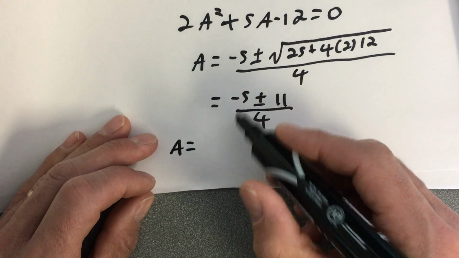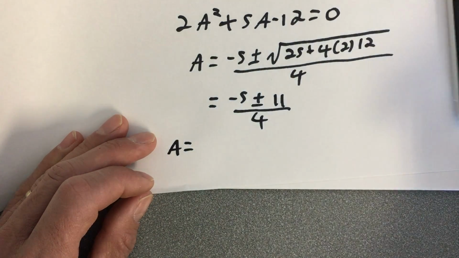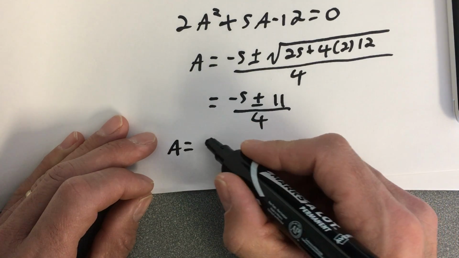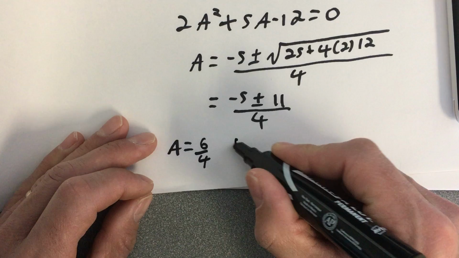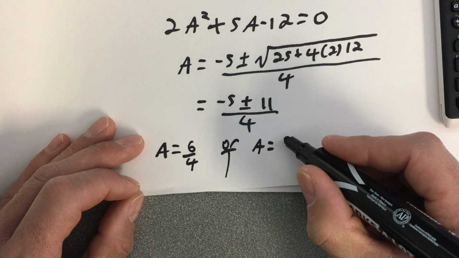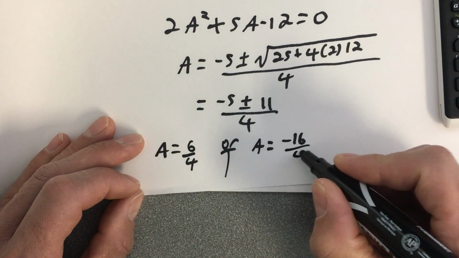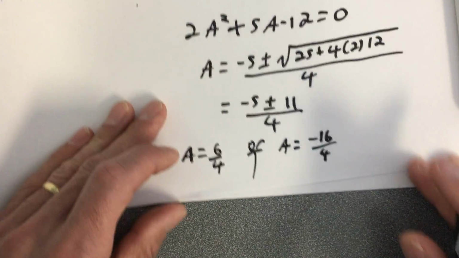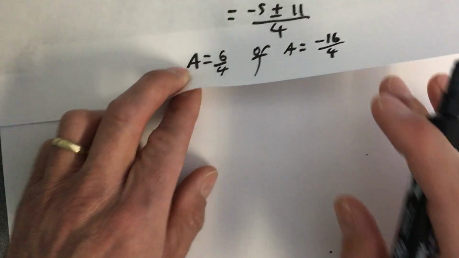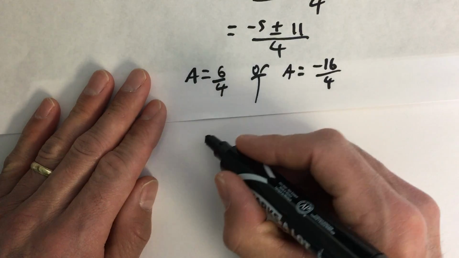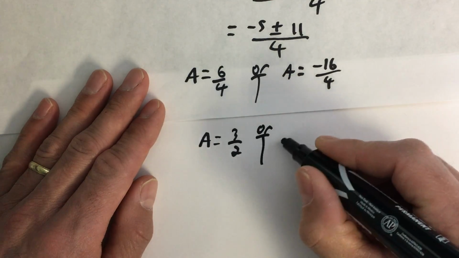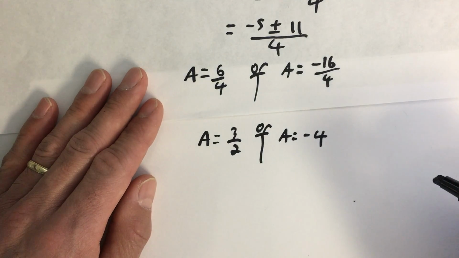So a is equal to minus 5 plus 11, which is 6 over 4, or a is equal to minus 5 minus 11, which is negative 16 over 4. Now, 6 over 4 is 3 over 2. So my two solutions are a equals 3 over 2 or a equals negative 4.